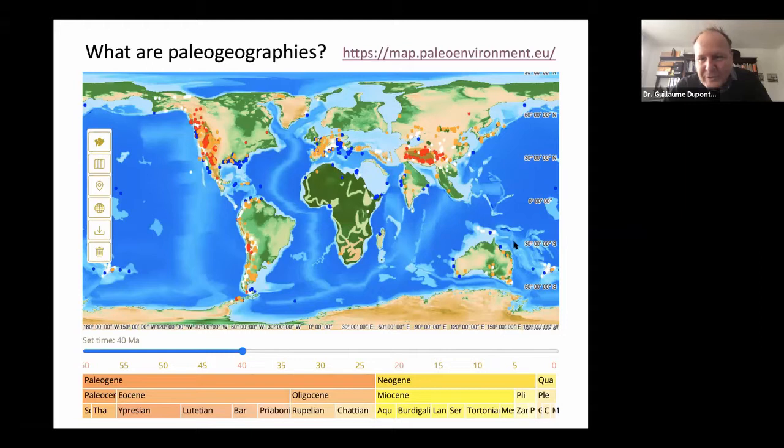But it will appear if everything goes right. Okay, so this is one of the reconstructions we did at 20 million years. So you see it's a little bit different than today. There are some seas everywhere, the continents are moved. And so this is what I want to show you today, how to get there.